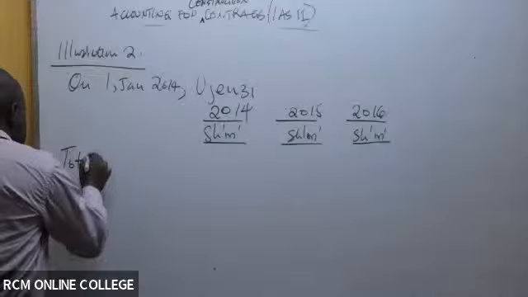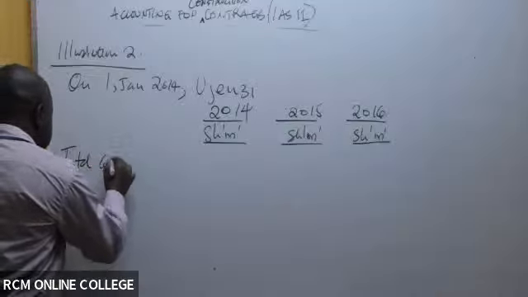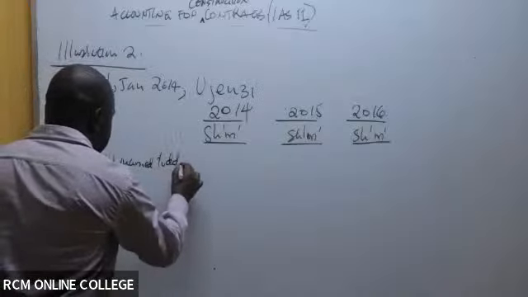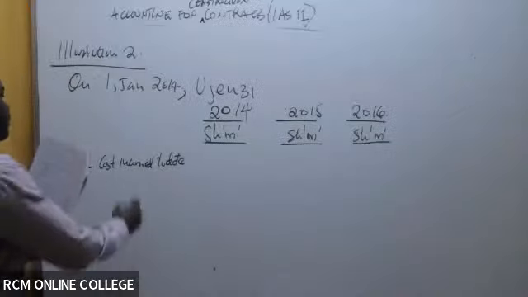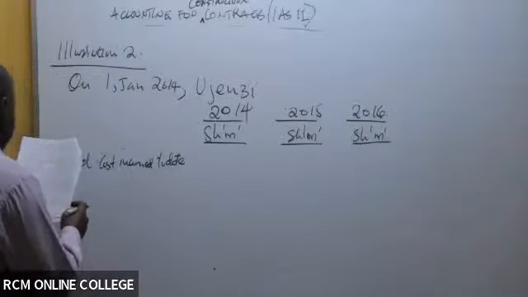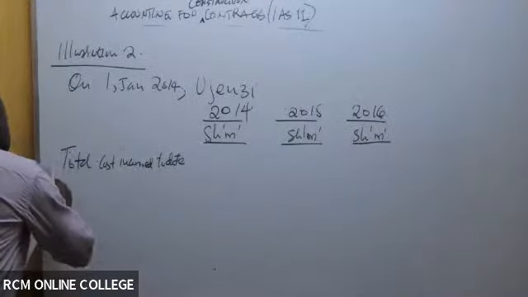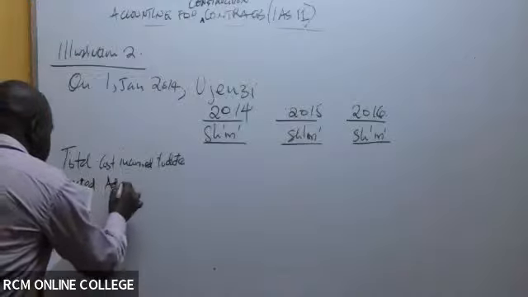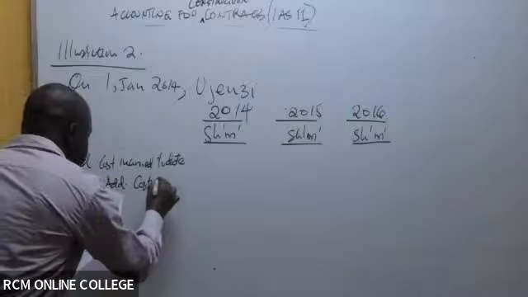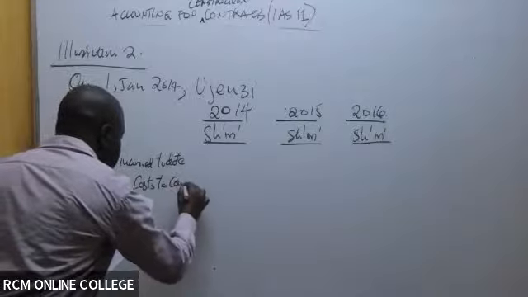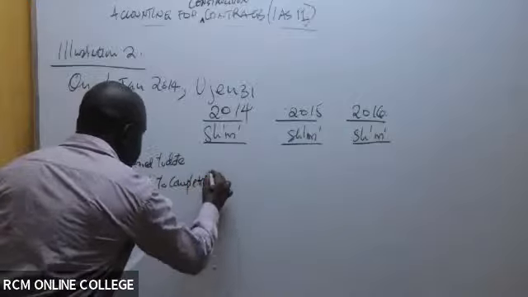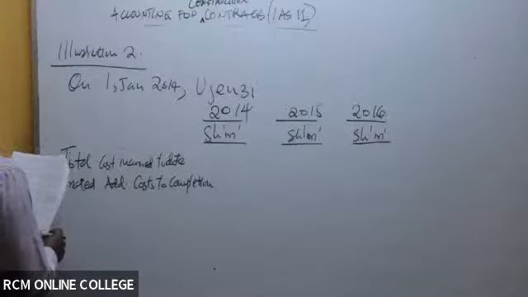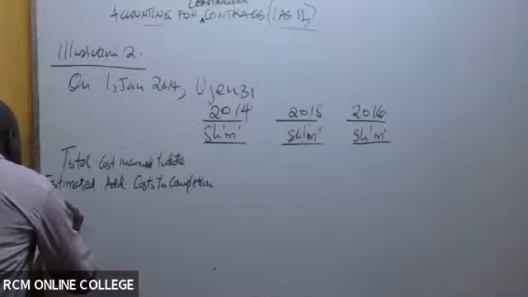So total, we start with total cost incurred to date, you know, the first item there. Then estimated additional cost to completion. Then billings made during the year on the contract.